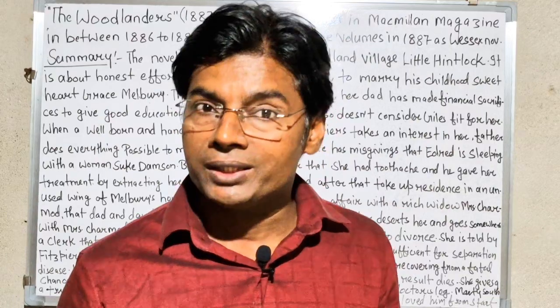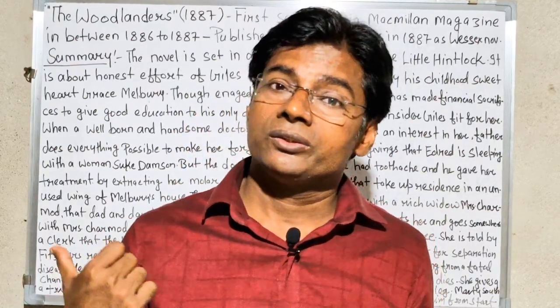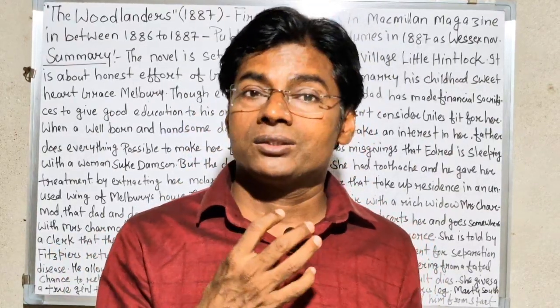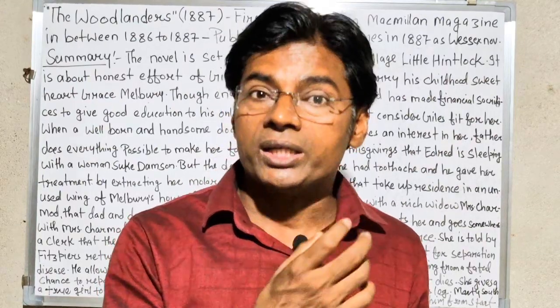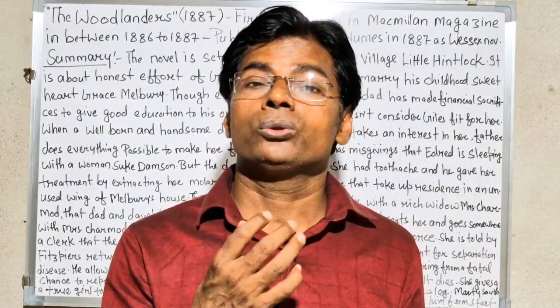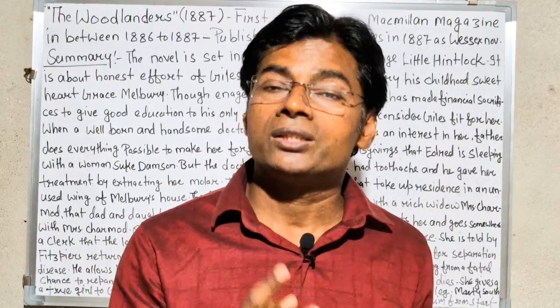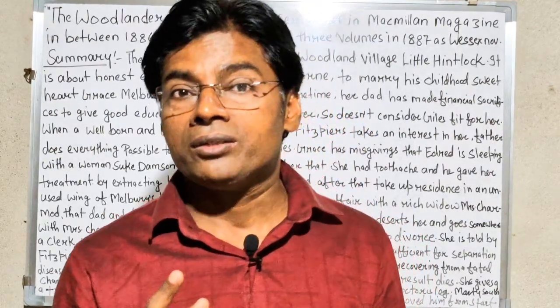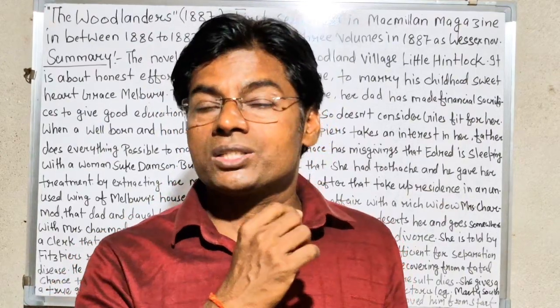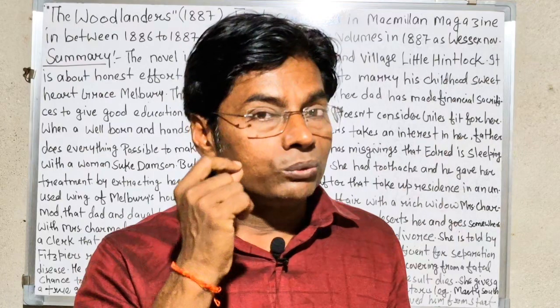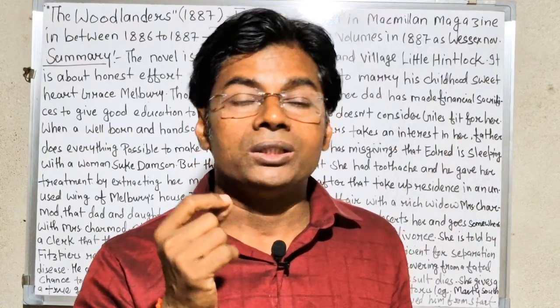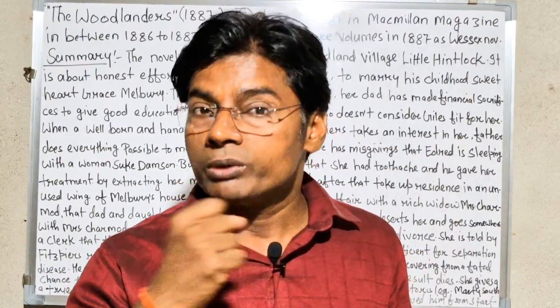Then he explains that since Damson had some tooth-related issue, she was there in his hut in the morning particularly to get her molar extracted, to get a certain tooth of hers pulled out of her mouth.